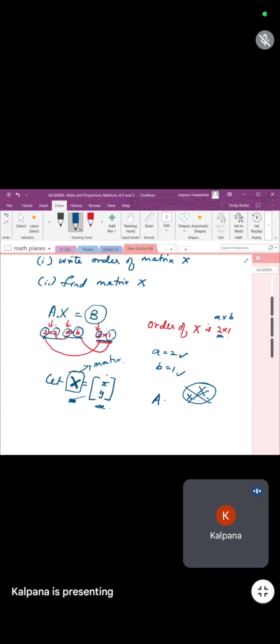Or you can take it as A, B. Always a matrix is denoted by a capital letter. Instead of X, they could have given you C also, so the matrix C is equal to x and y. But what I am telling is that matrices are denoted in capital letters and elements in small letters.